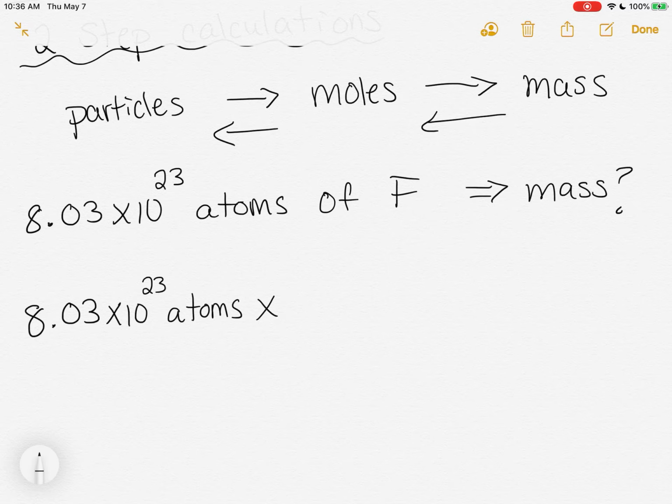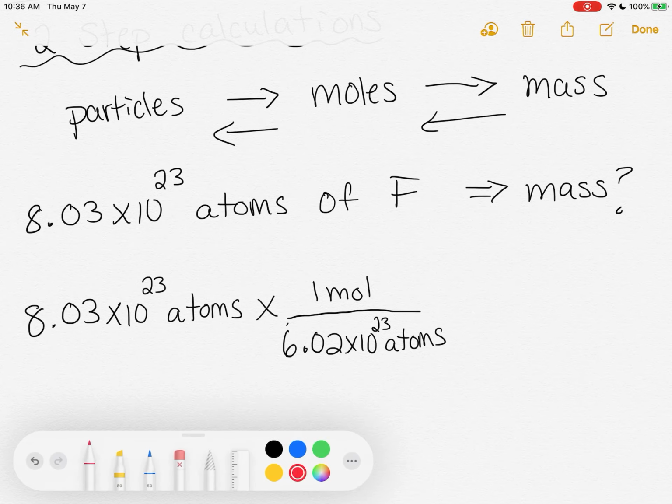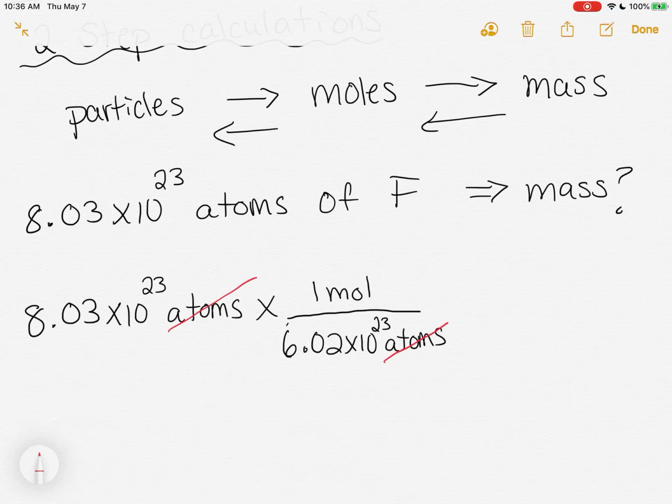And I need to multiply by a conversion factor that is going to get rid of my unit of atoms. So that conversion factor should be the fact that 1 mole is 6.02 times 10 to the 23 atoms. So we're going to use our conversion factor that has Avogadro's number in it. If I just did that, I would be left with moles.